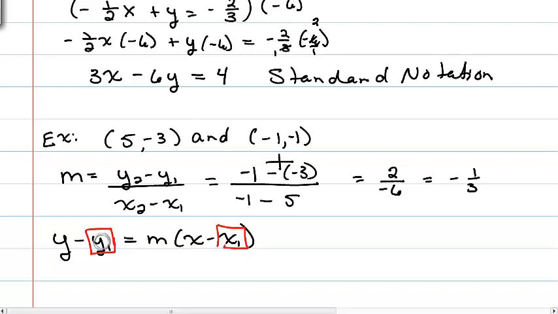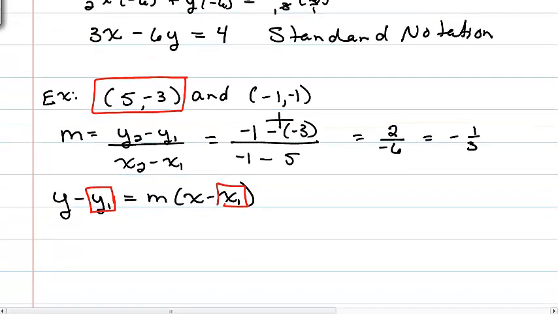When I'm doing examples, I always choose the first one, unless for whatever reason the second one is a ton easier to use. In this case, both of them are approximately the same, but you can pick either of the points. You could use the negative 1 point if you'd rather. It doesn't matter which one you use.